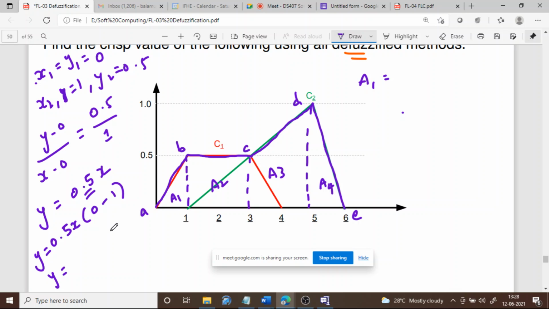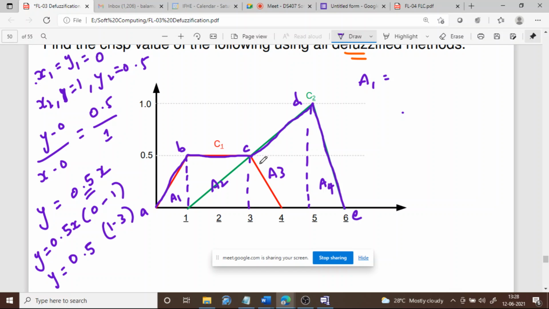The y value is fixed. From the plot itself you can see it is 0.5. This is applicable for which range of x? 1 to 3. Yes, 1 to 3.